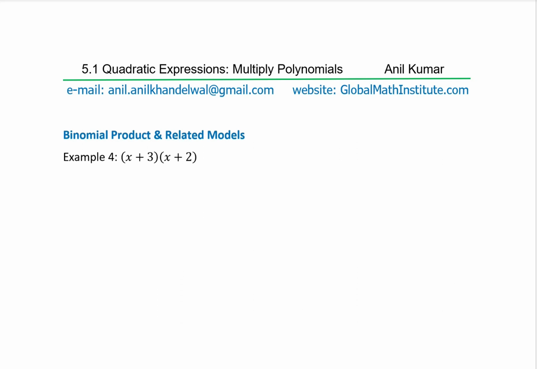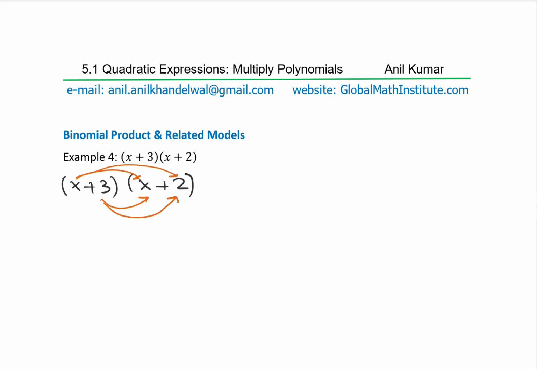Here in example 4, we have x plus 3 times x plus 2. We'll apply the distributive property first. So that is to say, with x, multiply both the terms, and then with 3, multiply them again.